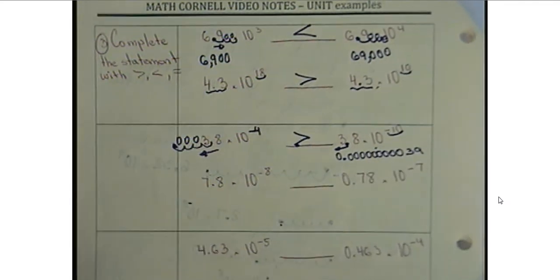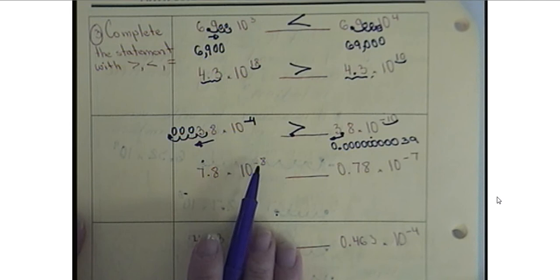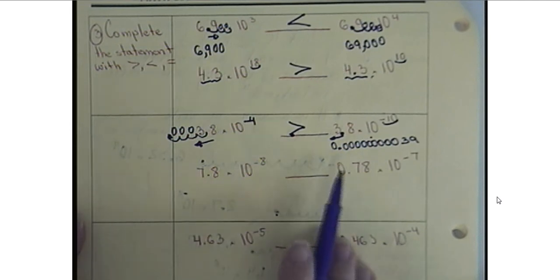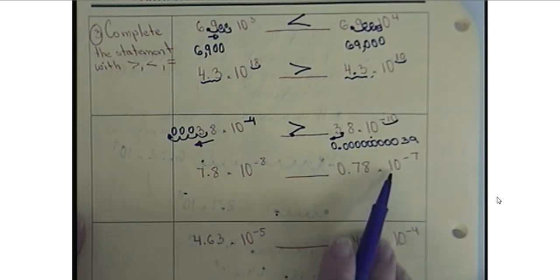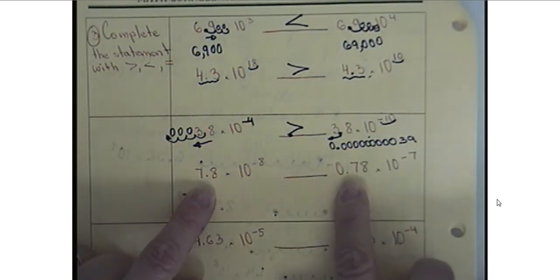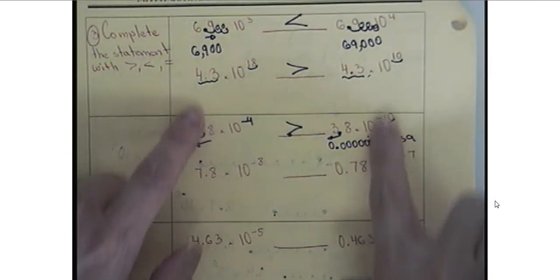Okay, in the next example, there is something a little bit interesting. We have 7.8 times 10 to the negative 8 here, and on the right side is 0.78 times 10 to the negative 7. Look, those two numbers are different. We can't compare the exponents like we did for those examples above, because the numbers are different.